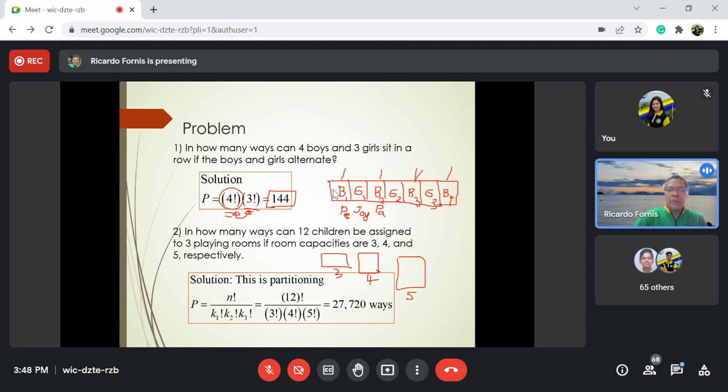So there is no pandemic yet, or probably it is after the pandemic. There are 12 children. So how do you divide the 12 children? Okay. So in total, this is also 12. So if you are going to place 3 children here, 4 children here, and 5.